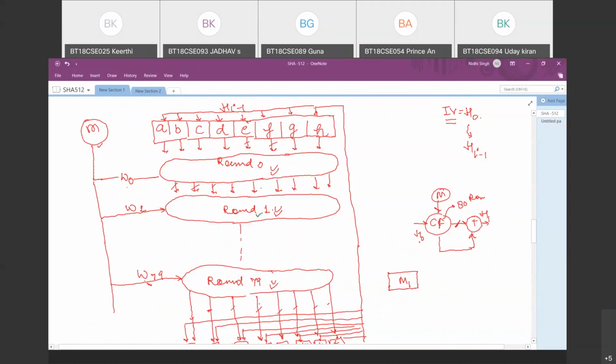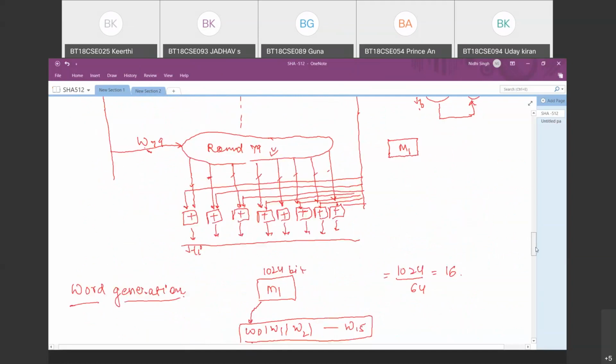Whenever the last output is generated from the 80th round, we have to perform addition modulo with two things. The first is the output generated from round 80, and the second is the H(i-1) value. Then my H(i) will be generated.